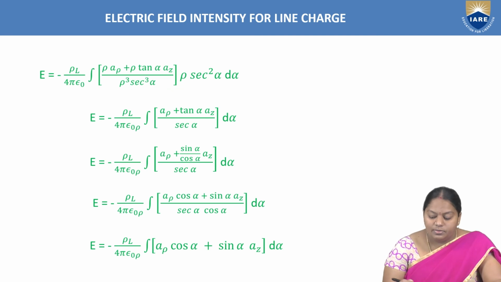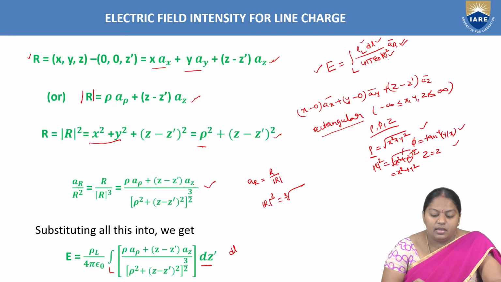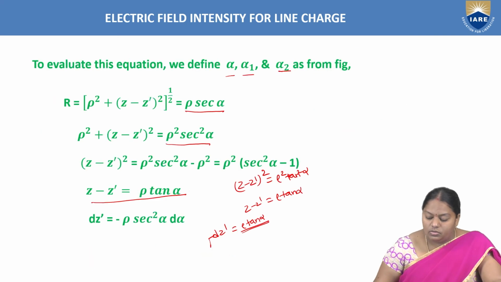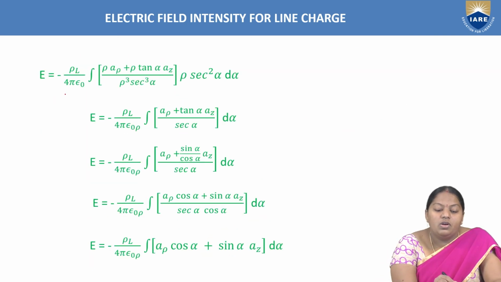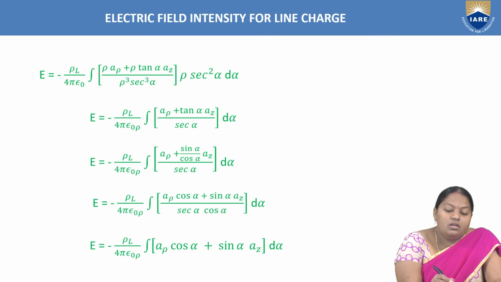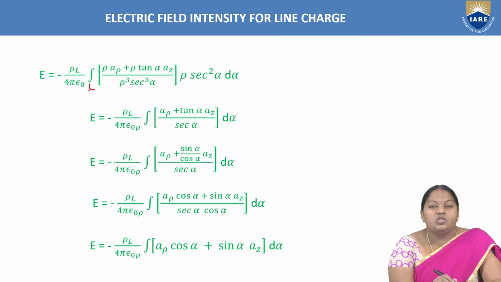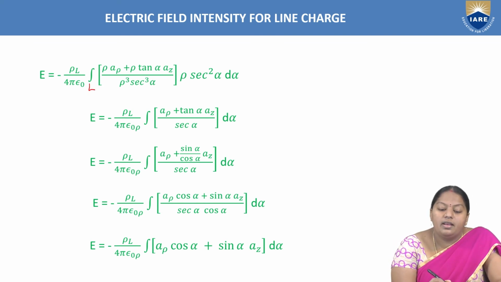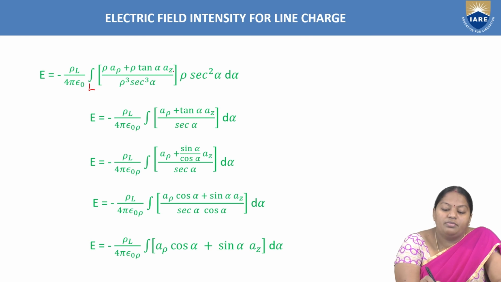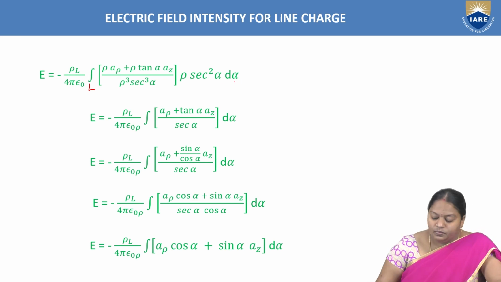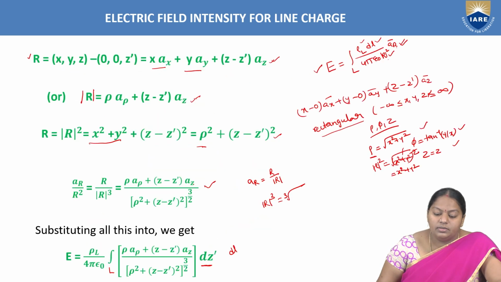Now, if you substitute, previously this is the equation. In this, all the variables are replaced by the angles we have considered in place of z and so on. So now, E equal to minus rho L by 4 pi epsilon naught, and the integration we have considered with respect to the line, hence it is integral L rho a rho tan alpha az by rho cube secant cube alpha into rho secant square alpha d alpha. How has it come?